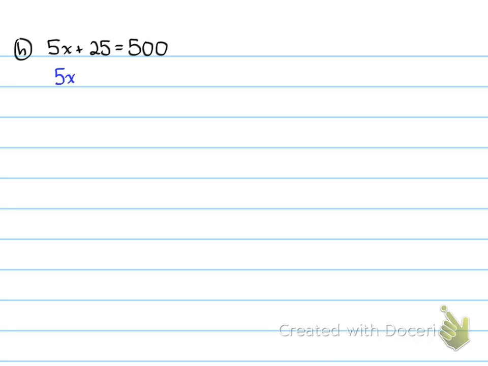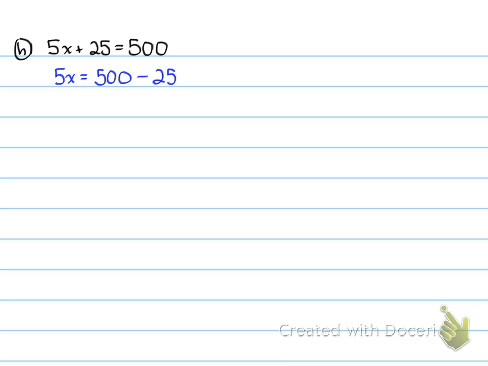Okay, let's look at another example. H. 5x plus 25 is equal to 500. What do we do here? Well, let's look over here. We take the plus 25 that you see here, and that's the first thing we want to move over. So we get 5x equals 500 minus 25. That's right, we move the plus 25 to the other side first.